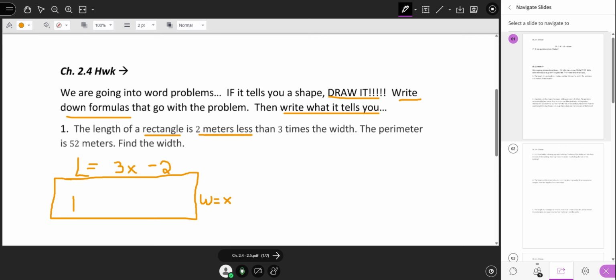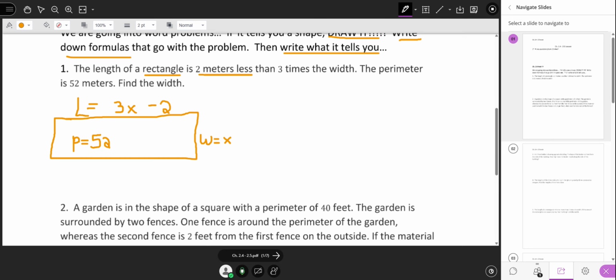So perimeter P is 52. Now, perimeter is this distance and this distance.